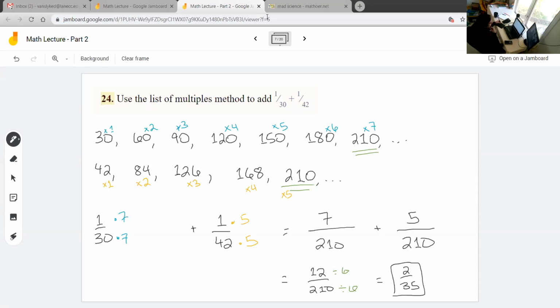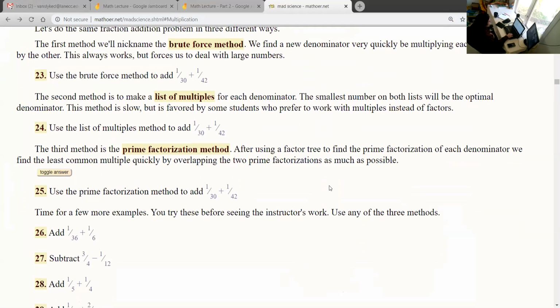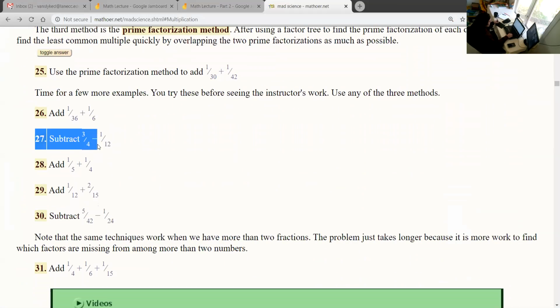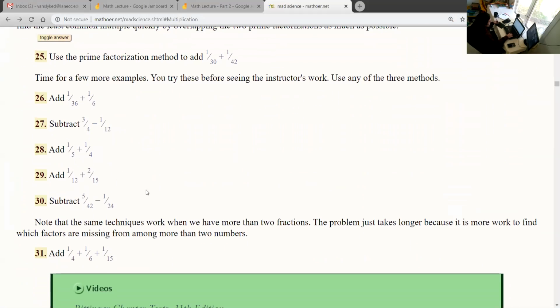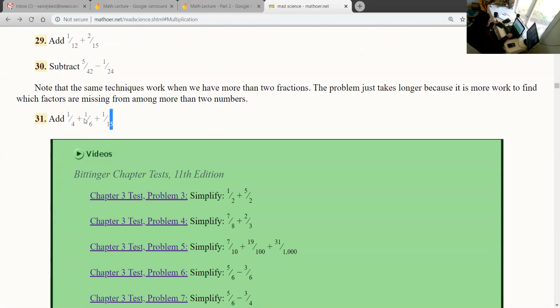Okay, I'm going to be done with stuff that you should pay attention to, except let's just look at what's happening in the next bit because it's almost time to be done. So we can do this more. Subtracting is just the same. We'll do lots of example problems. If there are three fractions, then we'll have to find a denominator that's in common for all of them, which is a little more work, but not too bad.